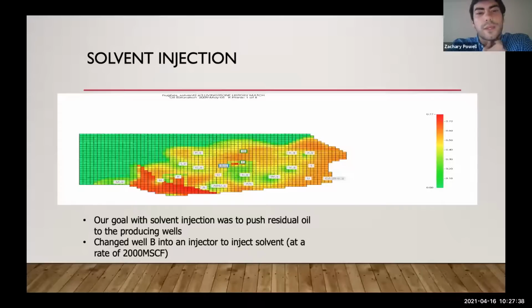We changed well B, which was a producer shut in 2009, into an injector and injected solvent at a constant rate of 2,000 MSCF, held over 20 years. And we have a video of the oil saturation over time. You can see the injector injecting the solvent and pushing the oil towards the producers.